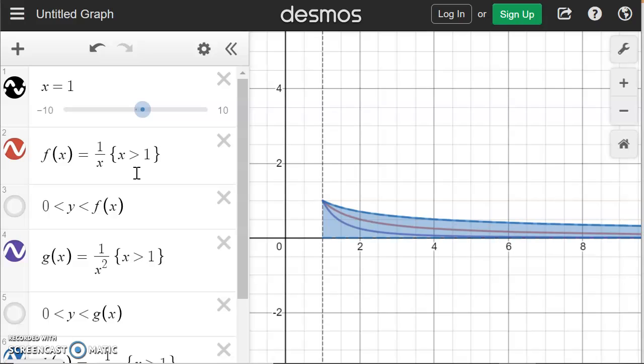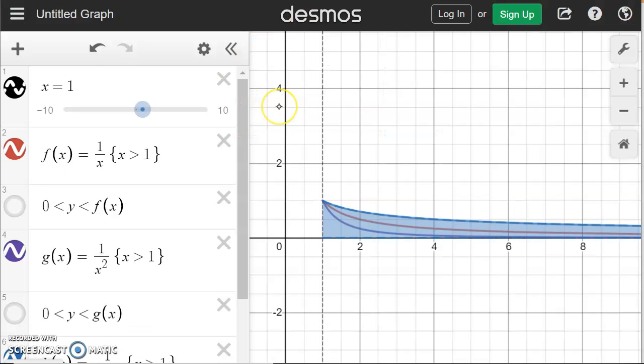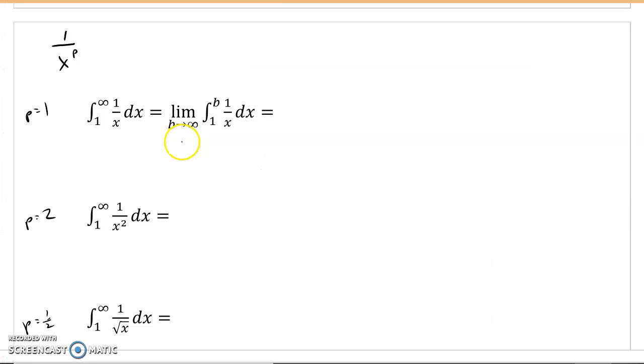So let's start with when p equals 1. We've got 1 over x. The first thing is we rewrite this so that the infinity gets replaced with a variable, and we let that variable approach infinity. I want to make this color-coded, so we're using red for 1 over x.